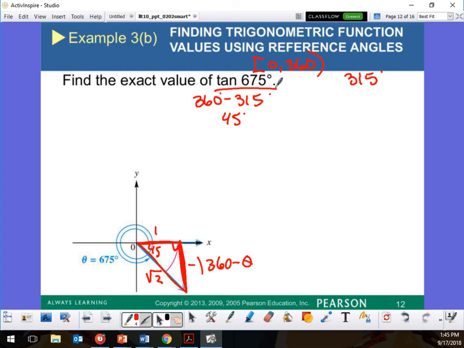Tangent is opposite over adjacent. From this angle, what is opposite? -1. And what is adjacent? 1. So tangent of 675 would be -1 over 1, which gives me -1 as my answer.